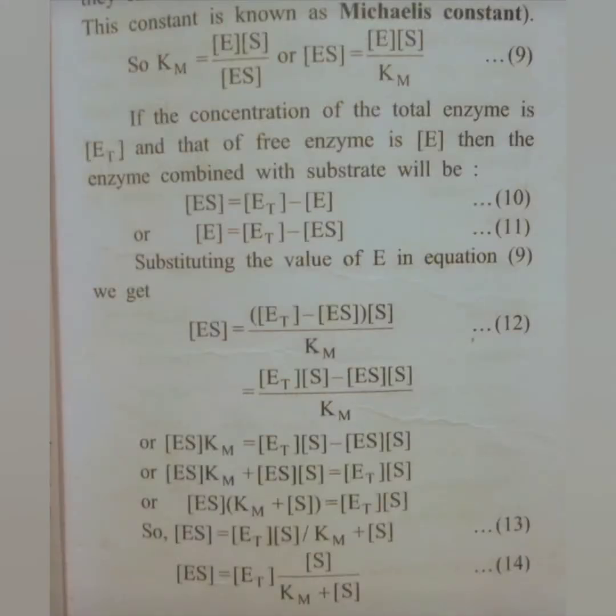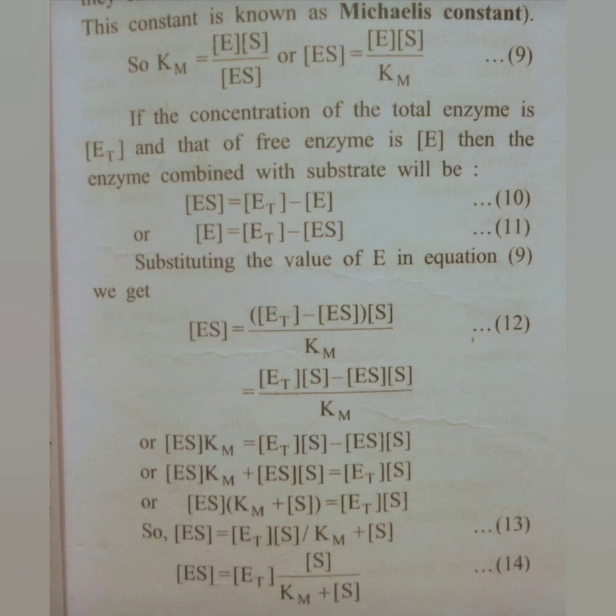Now here again you carry this whole thing, this Km plus S, that side. Now since it is inside a bracket, again I told you that inside a bracket means multiply, so when you carry it this side it becomes division.